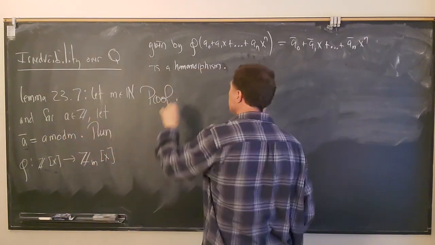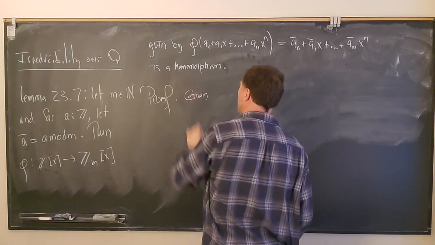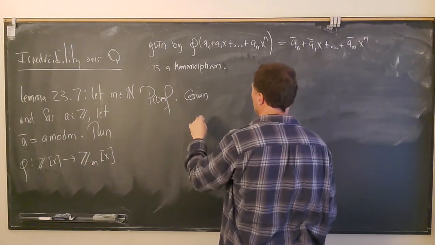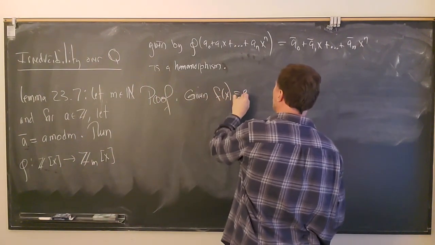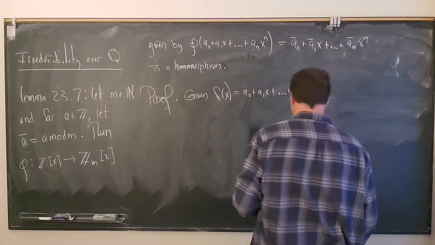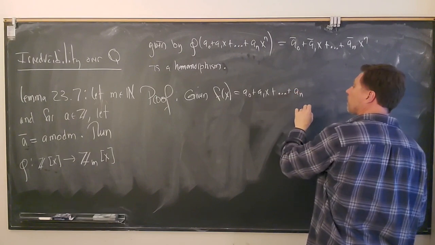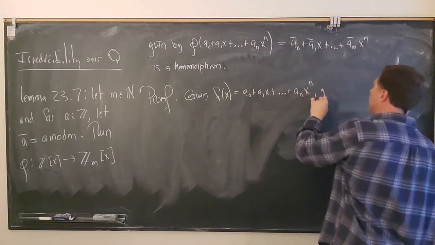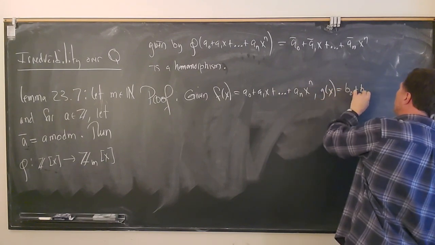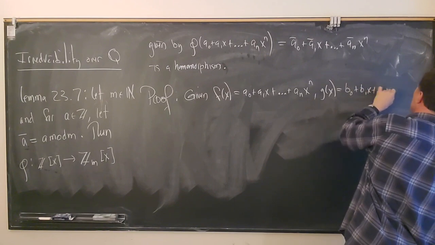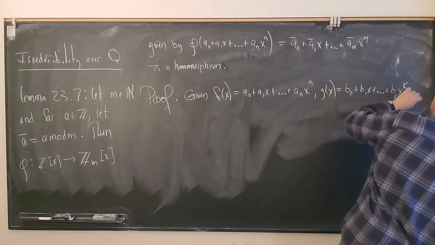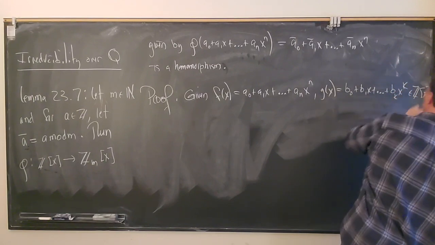Given a couple of polynomials, let f(x) equal a0 plus a1x plus dot dot dot plus a_n x^n, and g(x) with coefficients b: b0 plus b1x plus dot dot dot plus b_k x^k, both of these living in Z[x].